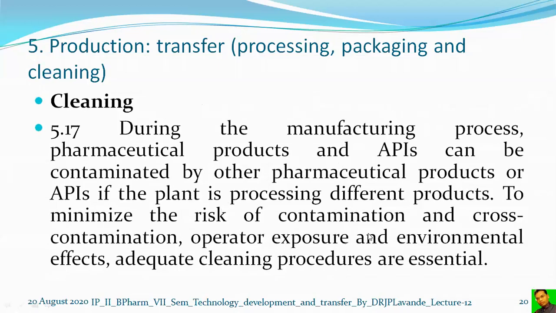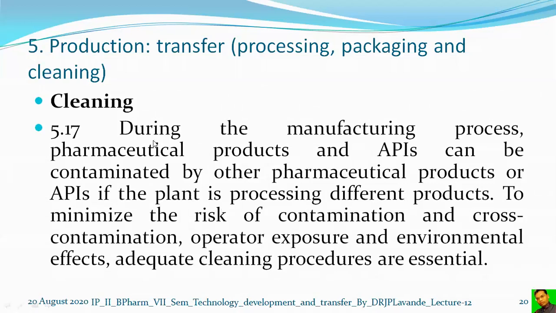From 5.17 onward, these are guidelines in association with the cleaning process in case of the production transfer. So 5.17, that is as far as the cleaning is concerned, what will the guidelines tell us?